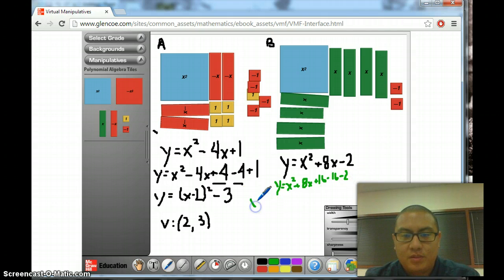And we're going to do the same thing. We're going to get y is equal to, and we know our height here is going to be a single x and then 4 positive ones, right? So we know we're multiplying x plus 4 times x plus 4 to get a perfect square. Let me clear these off.